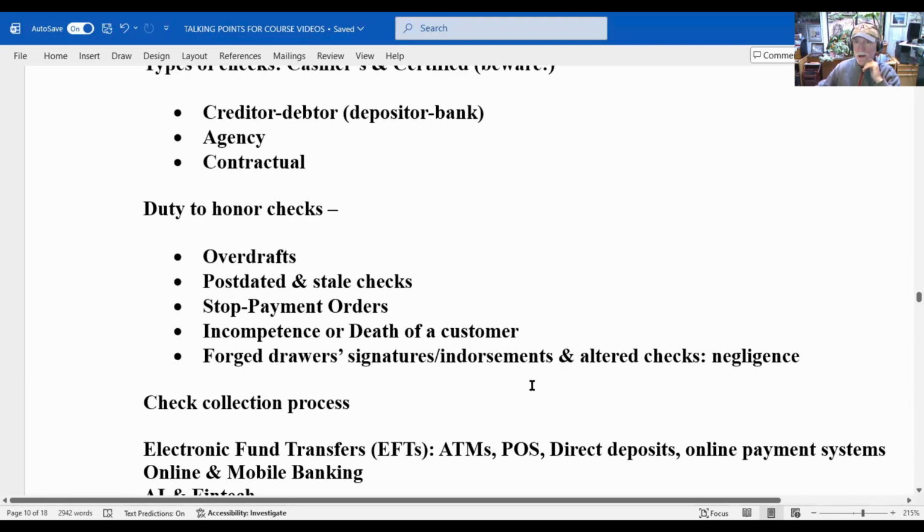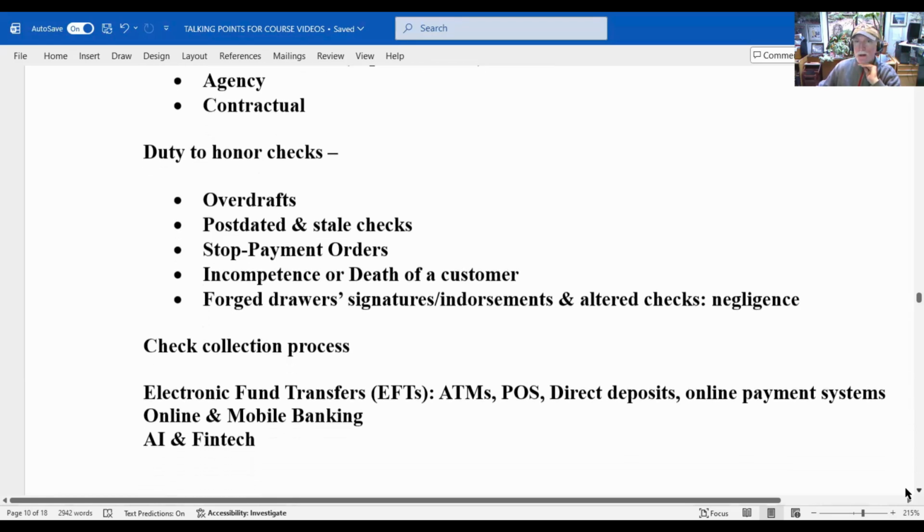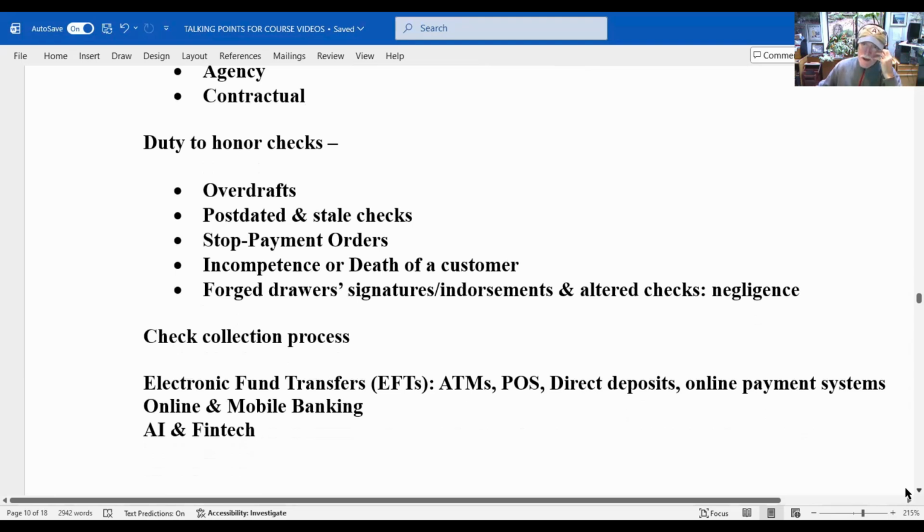Forgers, drawers, normally that would amount to a disqualification, but it depends on who's negligent. Is it the borrower? Is it the drawer on a check?